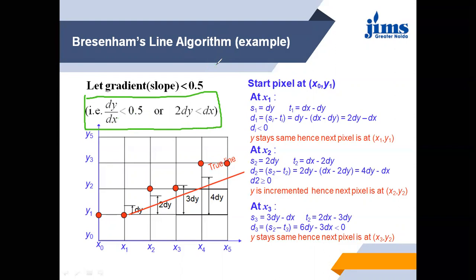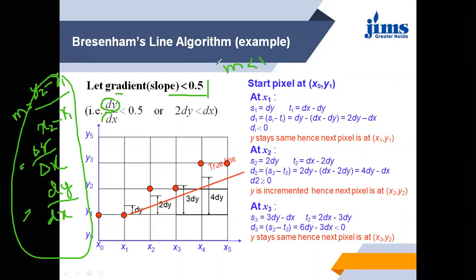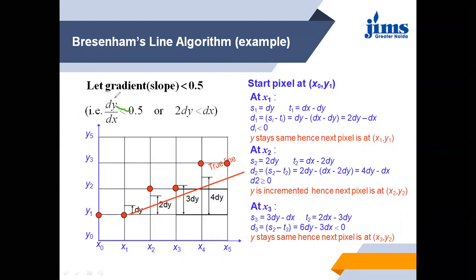So when I solve this, dy is less than 0.5 multiplied by dx.